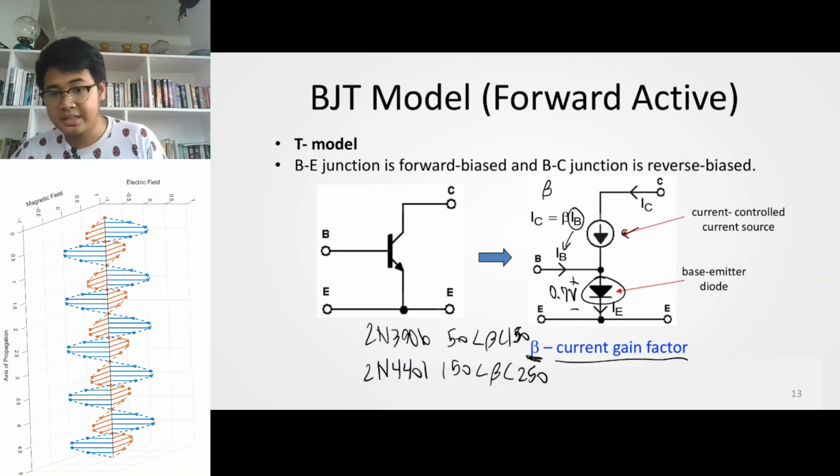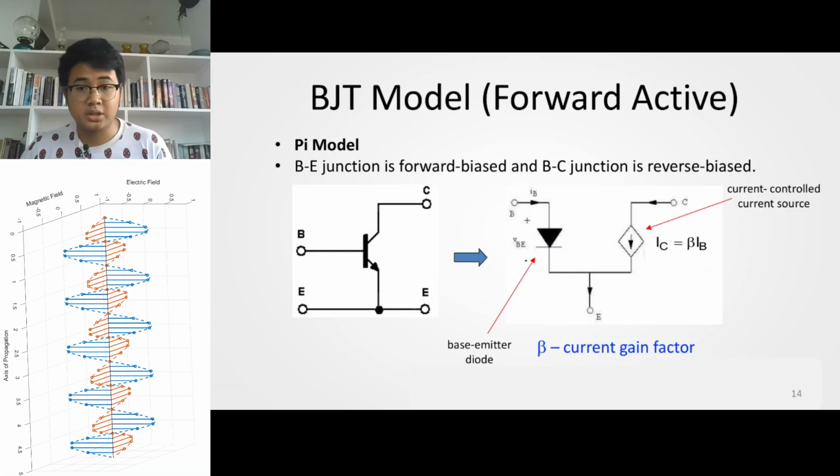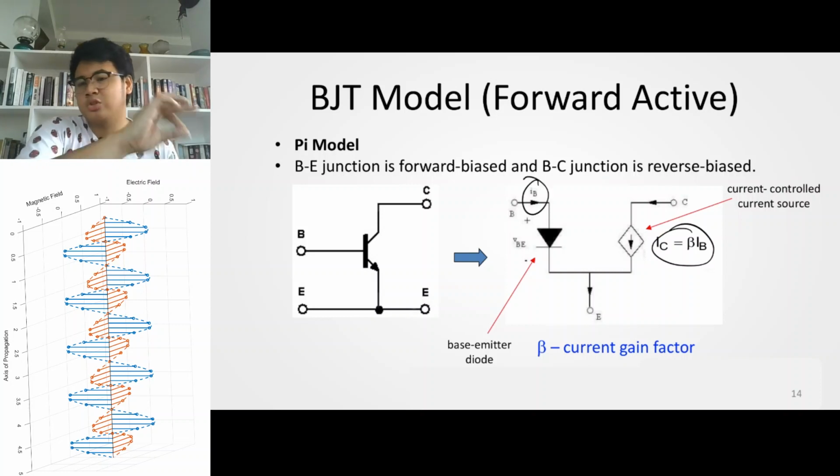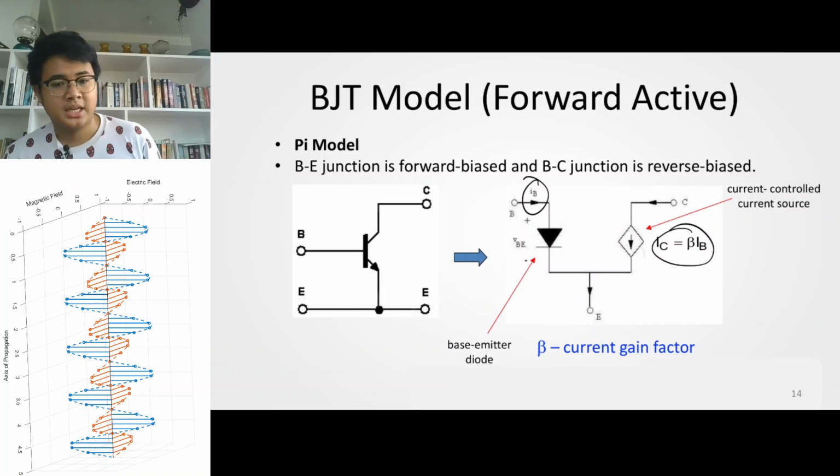The higher the beta, the better the amplification. Another model looks like this. You'll still get the same answers if you use this model, the pi model. Again, your IC is dependent on IB, so IB is transferred towards IC in the forward active region.